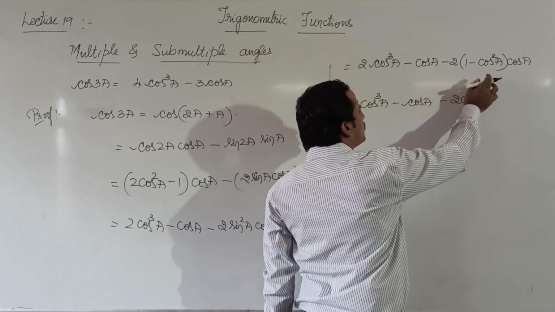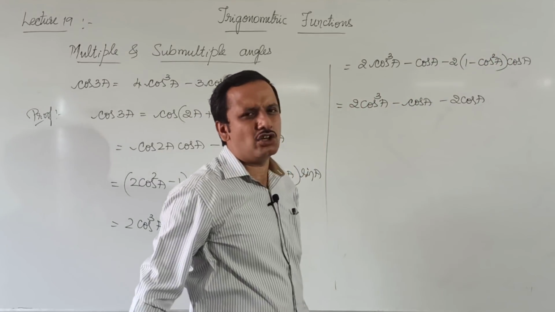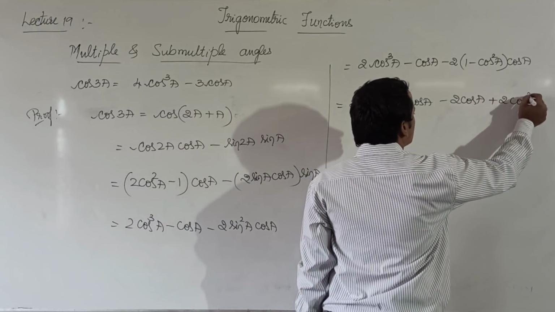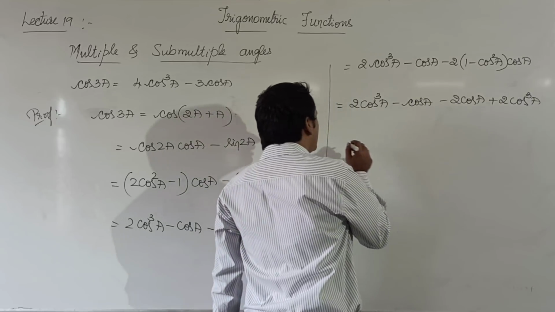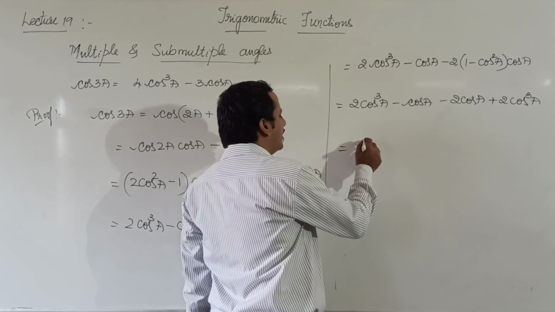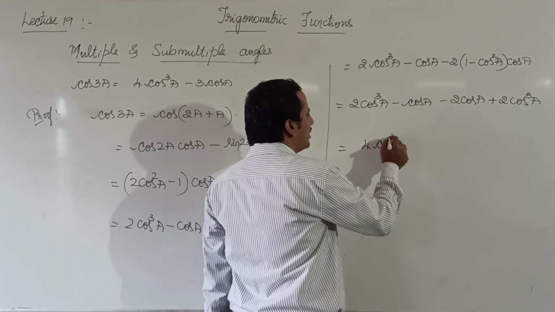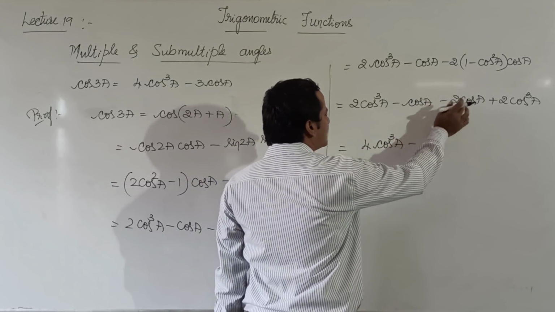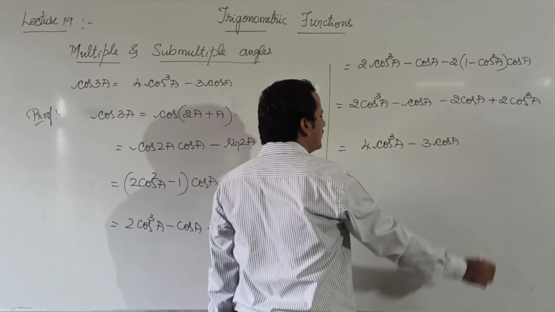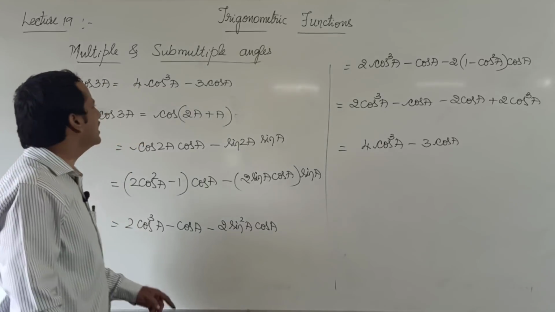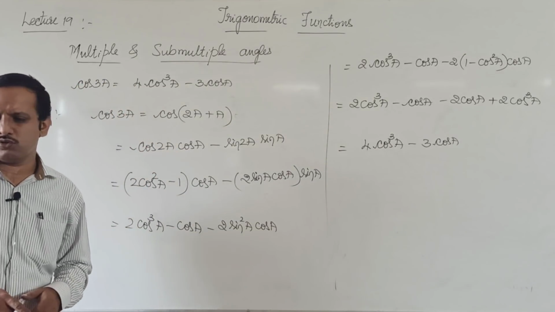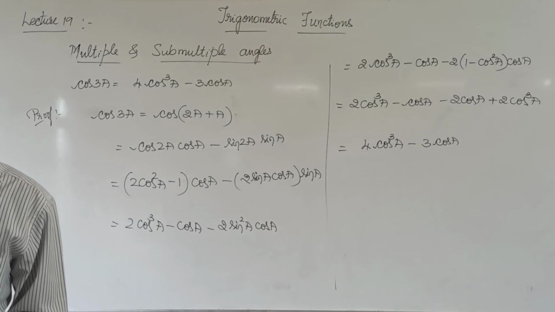Then minus 2 into minus cos square a into cos a, that will become plus 2 cos cube a. That's 2 cos cube a plus 2 cos cube a, which gives 4 cos cube a, minus 2 cos a minus cos a, which gives minus 3 cos a. So 4 cos cube a minus 3 cos a, that's what we want. Cos 3a is equal to 4 cos cube a minus 3 cos a.